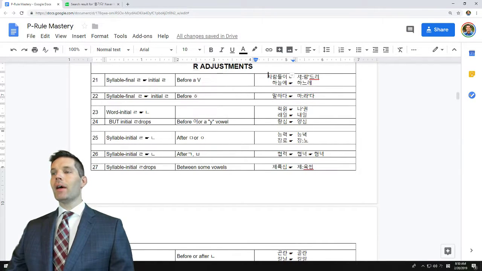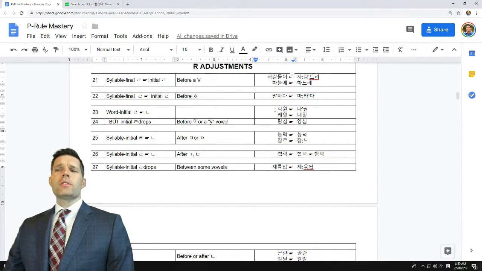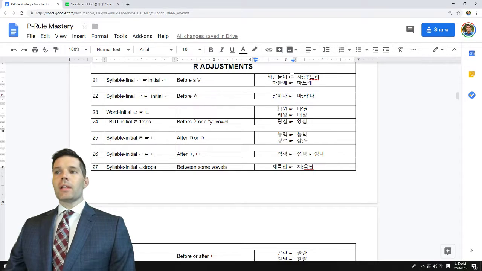All right, our adjustments. We're going to have 사람들이, 하늘에. So this is when the R is kind of, there's a syllable that carries, it's kind of in the middle of the word, right? 말하다. These are kind of older ways. You'll see older Koreans sometimes spell words like this, or you'll see it in a sign, or maybe in a book.